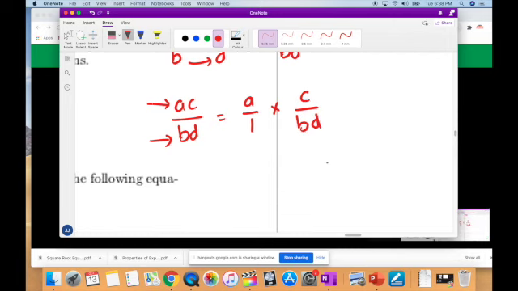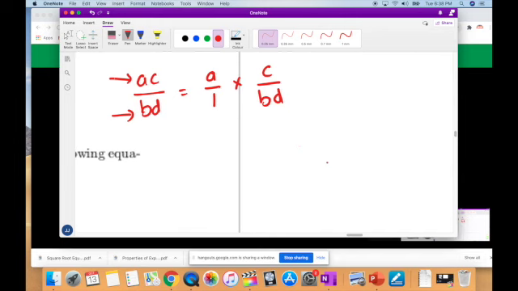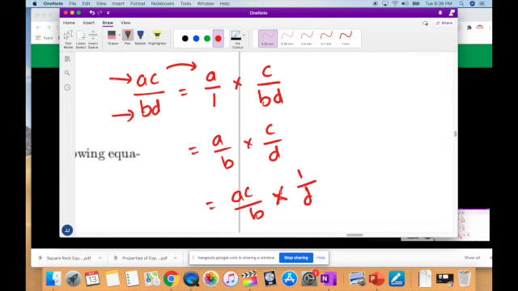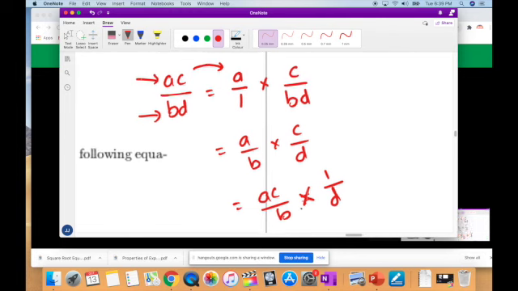Caitlin, Shazay, let's see how I get from here to here. I could also say that this is a over b multiplied by c over d, which is the original thing. But I could also say that this is ac over b multiplied by 1 over d. And all of these are true.